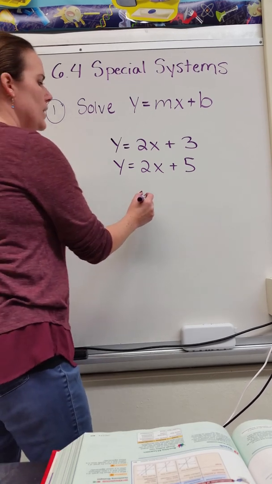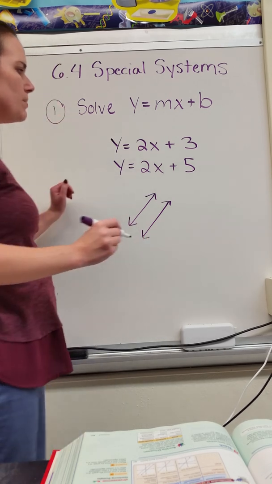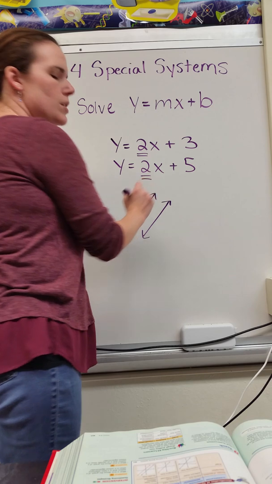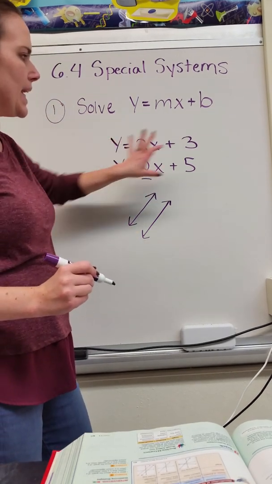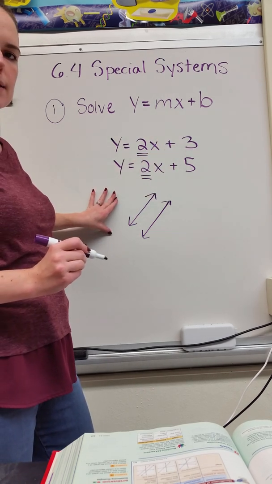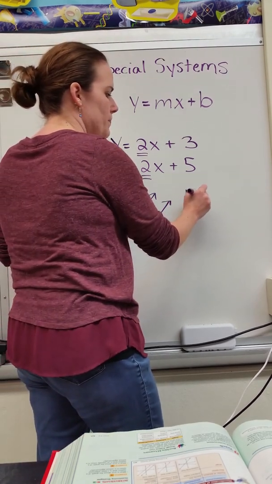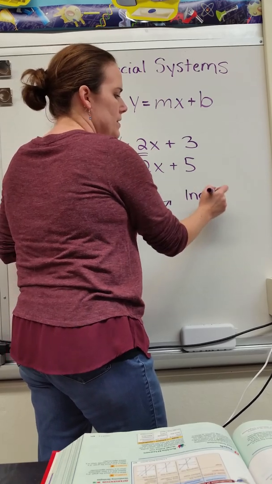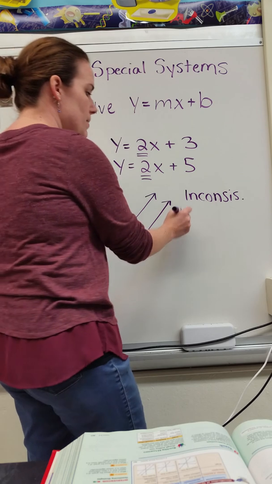These are going to be parallel lines. The reason I know is because they both have the same slope. Since these both have the same slope, but they have different intercepts, that means they're parallel lines. And so I'm going to have an inconsistent system, which means there's going to be no answer.